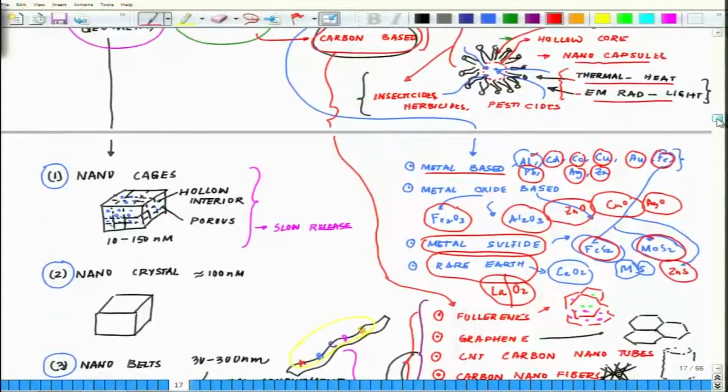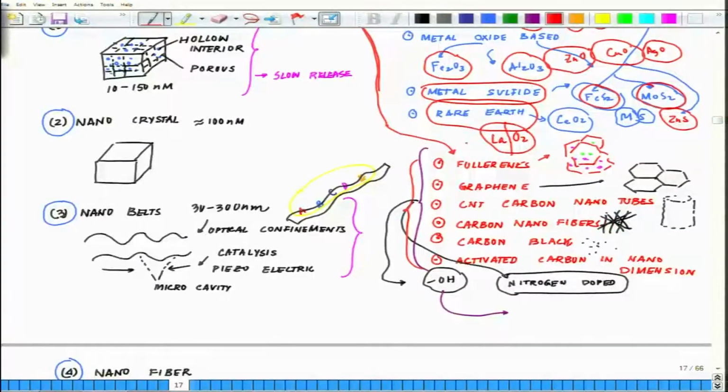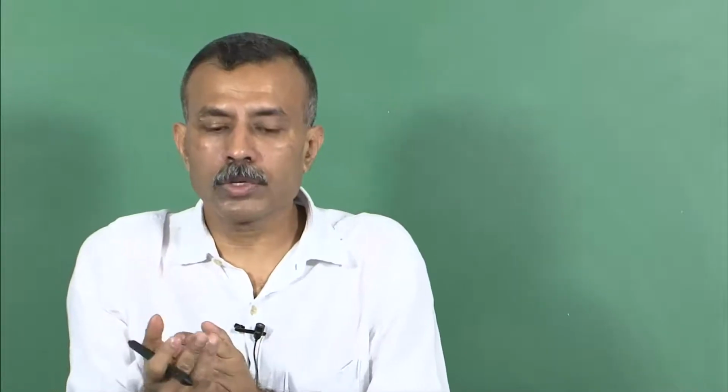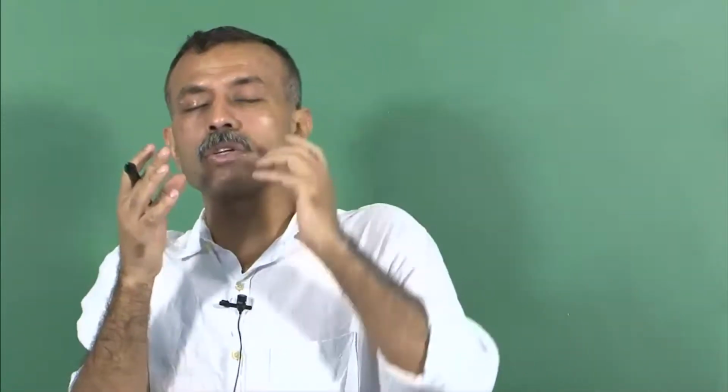Then the third category we discussed is the carbon based system, and within the carbon based system we talked about fullerenes and graphene. Fullerene is the Buckminster fullerene, C60, and all those very complex caged compounds of carbon, three-dimensional cage compounds of carbon, the nearest one which could be achieved was with molybdenum, where you could have the strong cage of molybdenum.